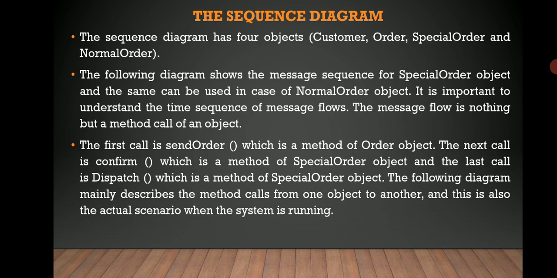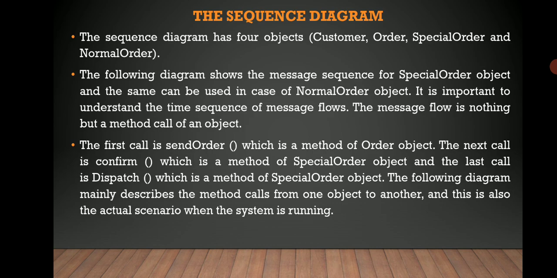Now let us see the sequence diagram. The sequence diagram has four objects: customer, order, special order, and normal order. The following diagram shows the message sequence for the special order object, and the same can be used in case of the normal order object. It is important to understand the time sequence of message flows.